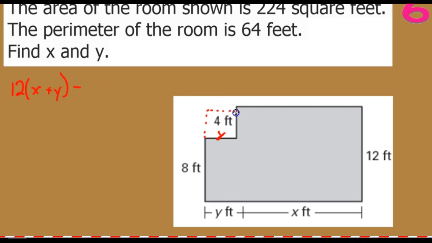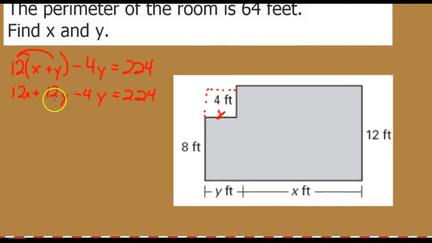So how we would solve the area of this little square here would be 4 times y. And we said the total area was 224 square feet. So if we distribute the 12, we get 12x plus 12y minus 4y equals 224.